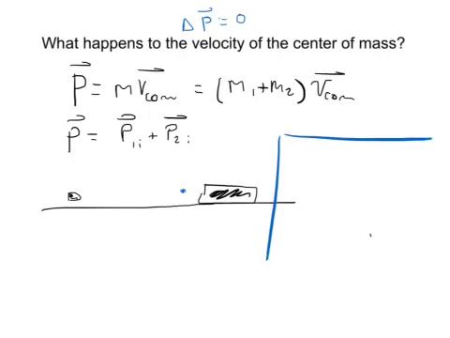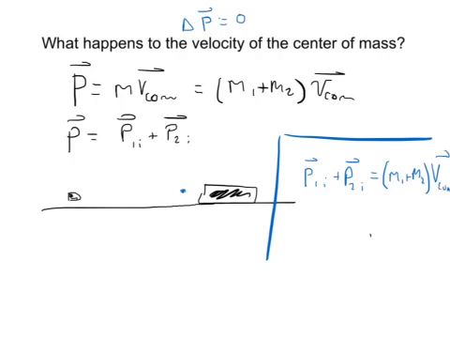So we could rewrite this using a little bit of algebra and say that the momentum of object 1 initially plus the momentum of object 2 initially equals m1 plus m2 times v center of mass.